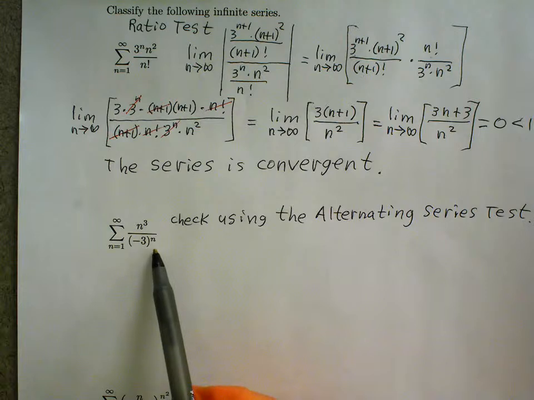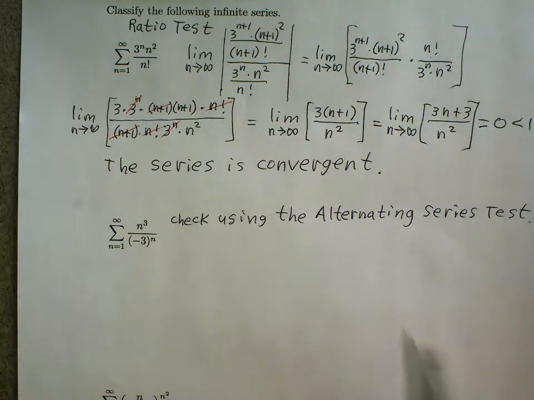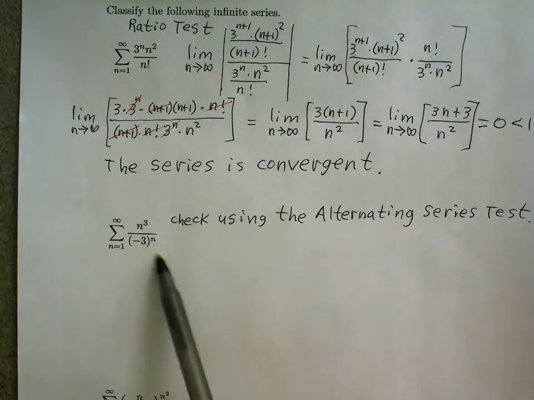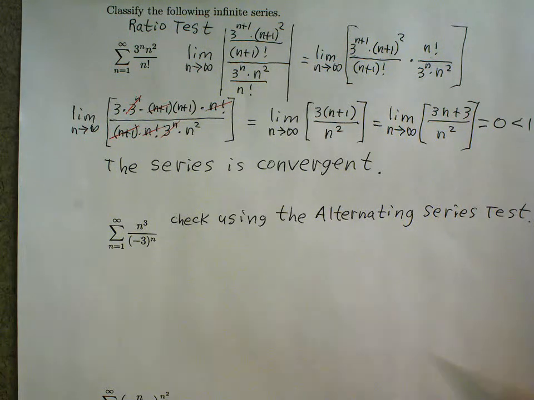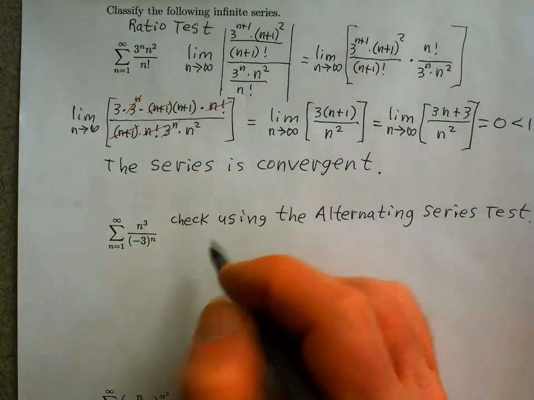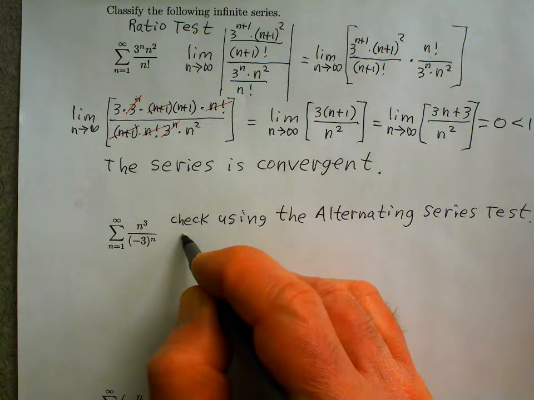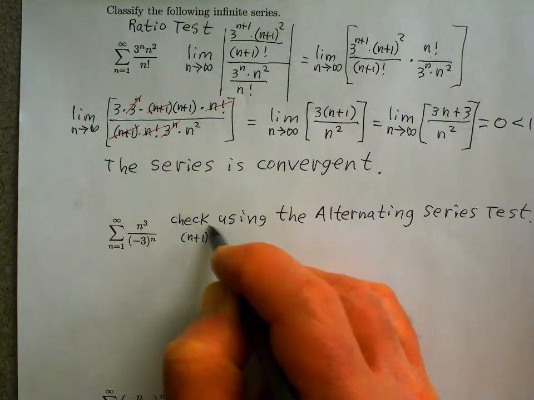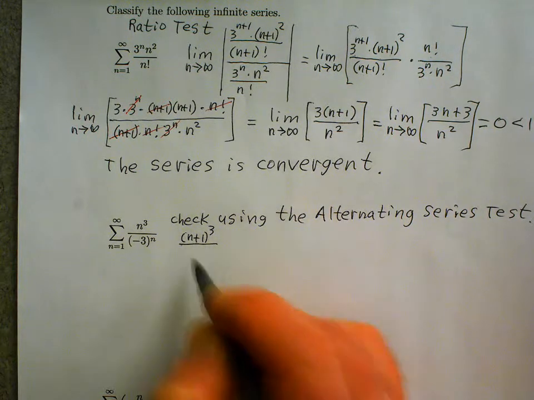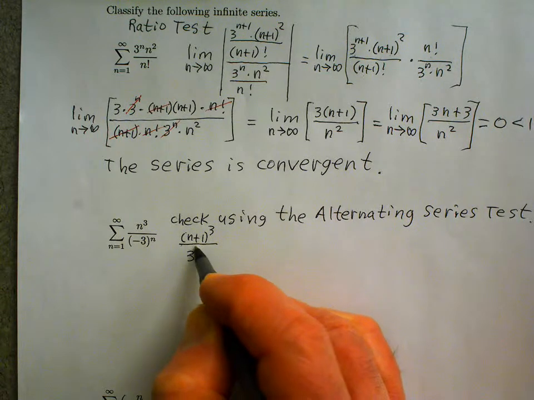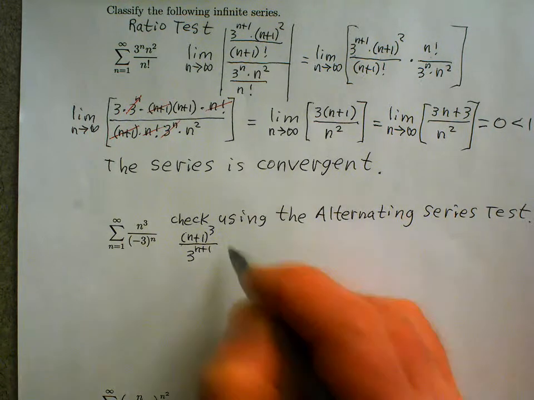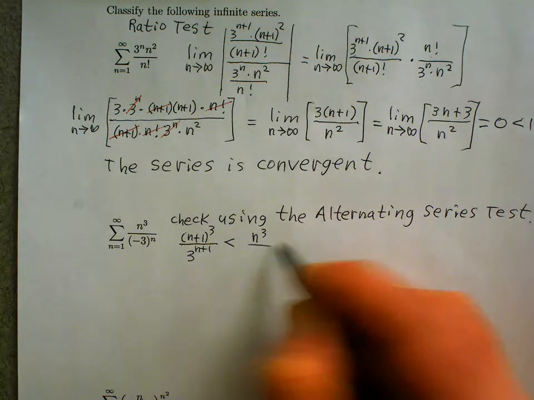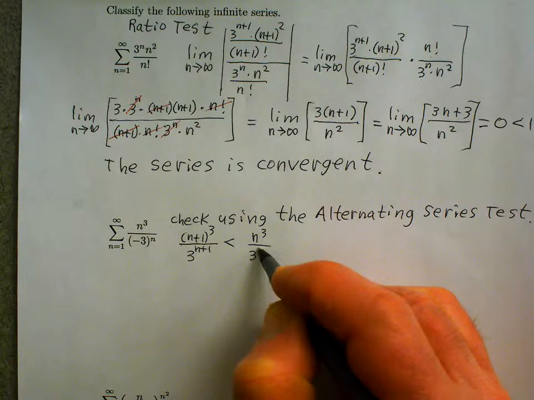Okay, so the positive terms of the sequence in the series have to decrease. So we want to know if n plus 1 to the third over positive 3 to the n plus 1 is less than n to the third over 3 to the n.